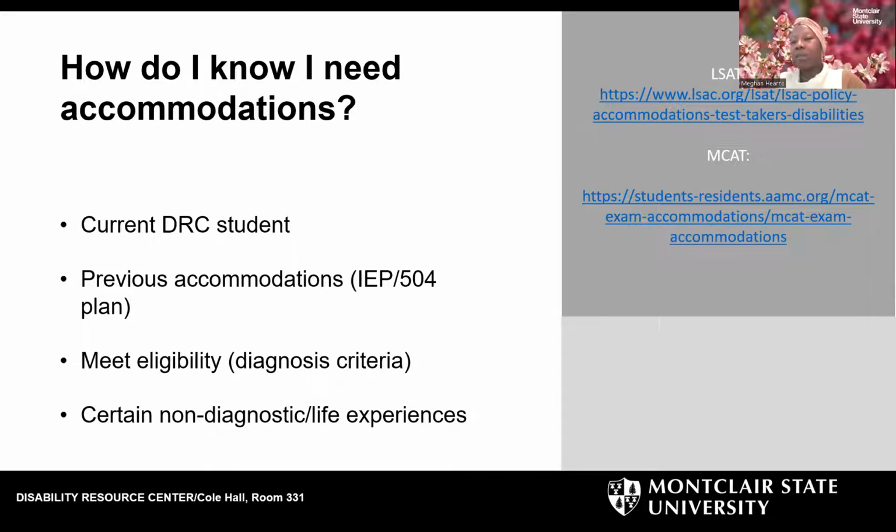There's even some eligibility criteria that is not related to a formal diagnosis. For example, the MCAT does allow accommodations for nursing mothers, which is not a diagnosis, but is more of a life experience that can be accommodated on the MCAT.